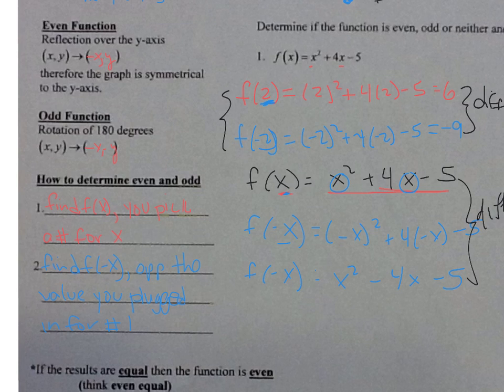Okay, so what we're going to write, since they're different, is that it's neither even nor odd. And then we're going to write a reason. So I'm just going to move everything up a tiny bit.